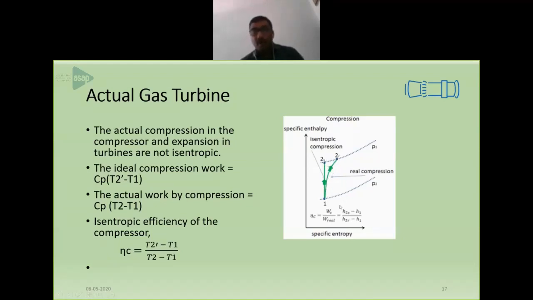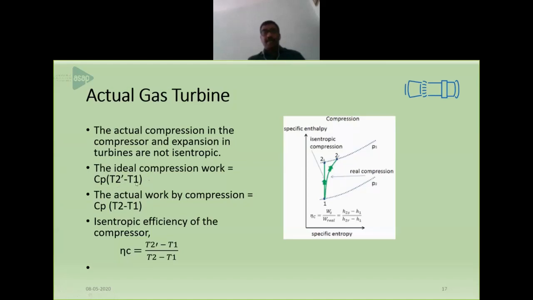If you draw two horizontal lines from 1 and 2, and another line from 2 dash, you can see delta H for this one. This is the non-isentropic line. The non-isentropic line requires more work in the case of a compressor.